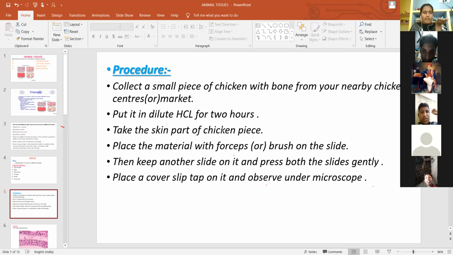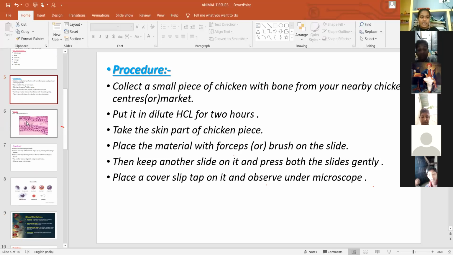First, we take one slide and put the piece of chicken on it. Then we take another slide and press both slides slightly, place a cover slip on it, and observe under the microscope.